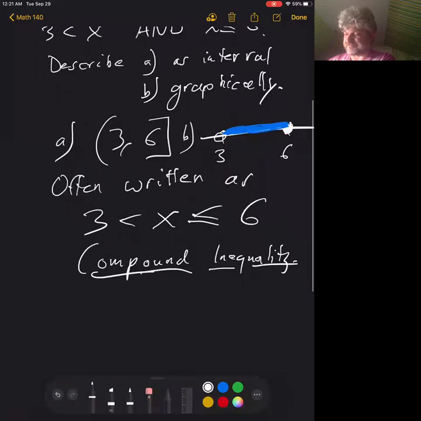Technically, you could have any one of the 3 representations, a graph, an interval, or a compound inequality, and then ask, give me the 2 others.